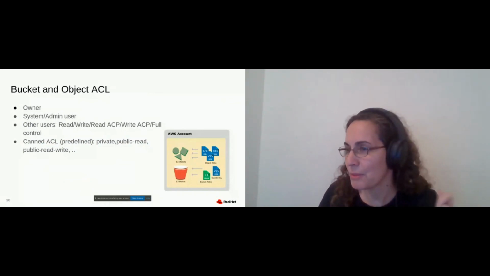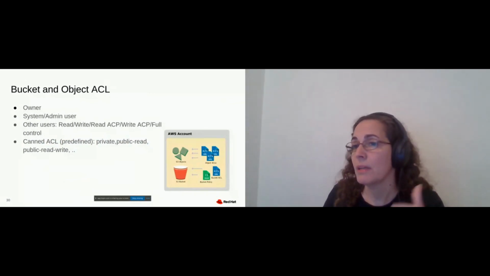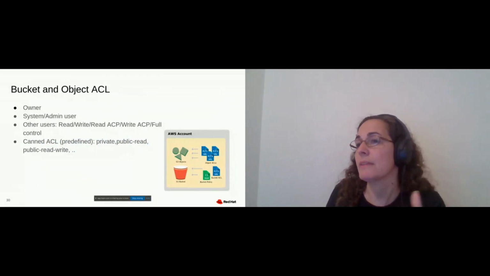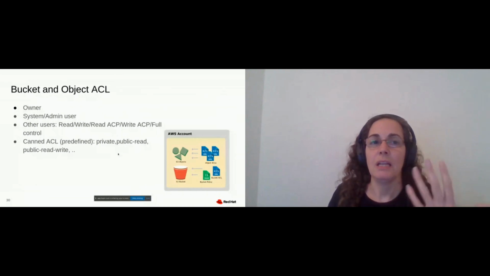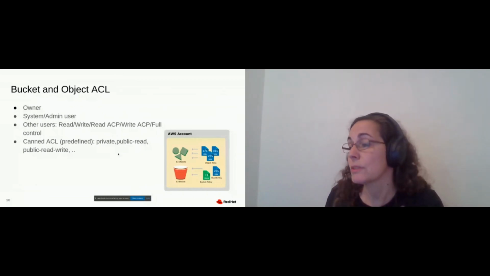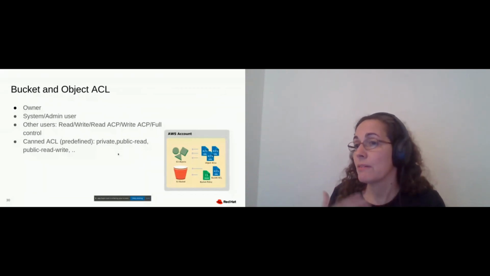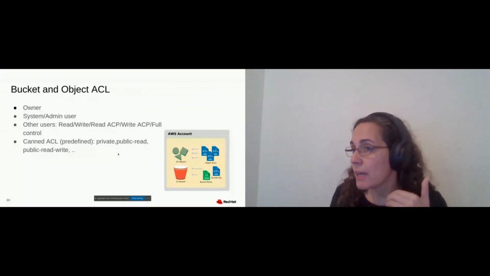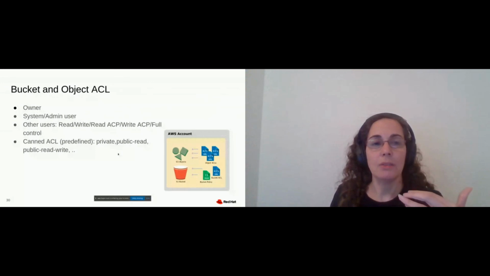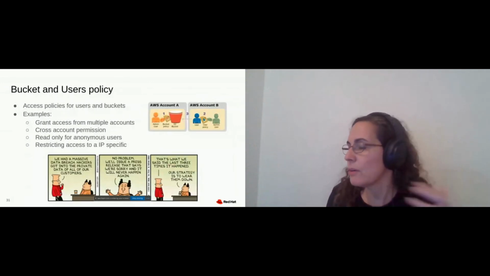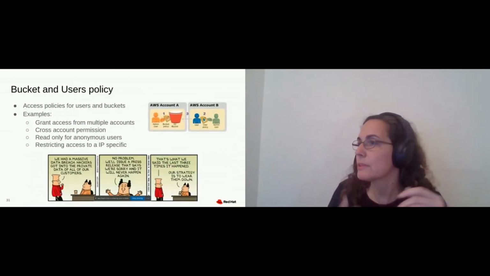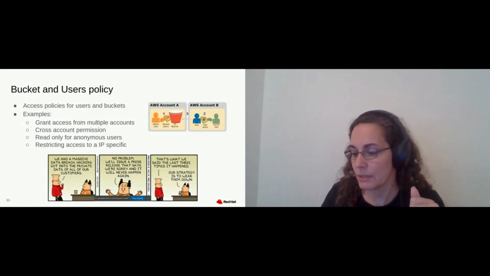Sadly, I don't have time to go over them. Please use them and try to use the most limited access you can. And we have, relatively new, bucket and user policies to allow you much better granularity. For example, you can share a bucket between users. You can give read-only access to anonymous users. You can restrict to a specific IP or MAC address.